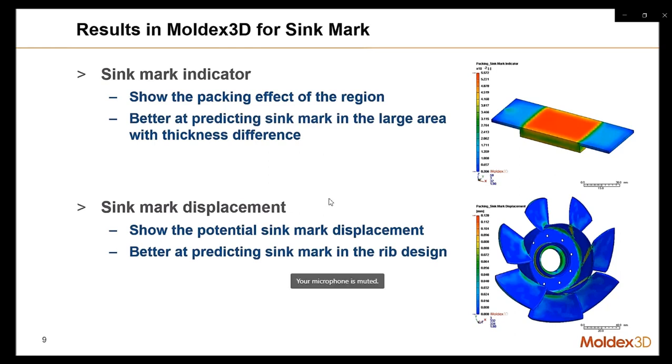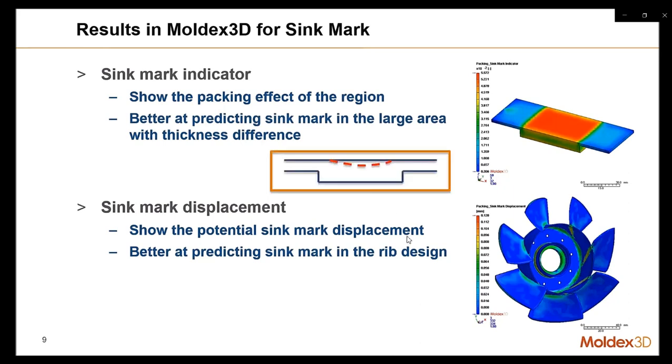So the sink mark indicator is we use a theory to calculate the relationship of the volumetric shrinkage everywhere in our cavity, and give you an index to show you the sink mark indicator.